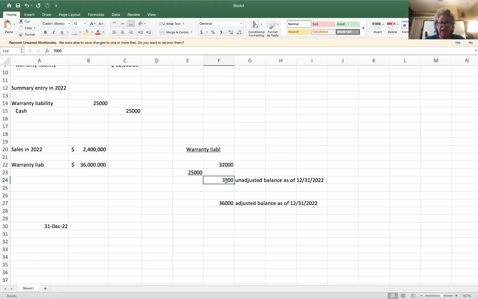My warranty liability, I'm saying now should be $36,000 based on 1.5% of the sales in 2022. So what is it going to take to get a $7,000 unadjusted balance to a $36,000 adjusted balance?